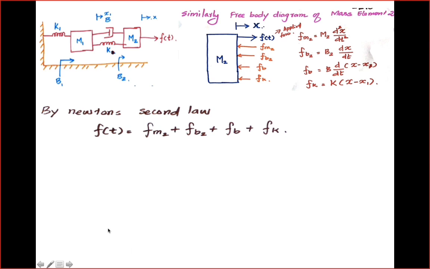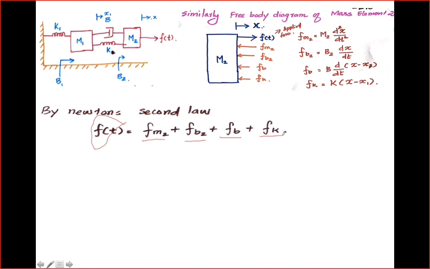Now by Newton's second law, the applied force F of t is equal to the opposing force due to mass element m2, the opposing force related to the friction b2, the opposing force related to the dashpot, which is common to m1 and m2, fb, and the opposing force related to the spring, f suffix k, which is in between m1 and m2.